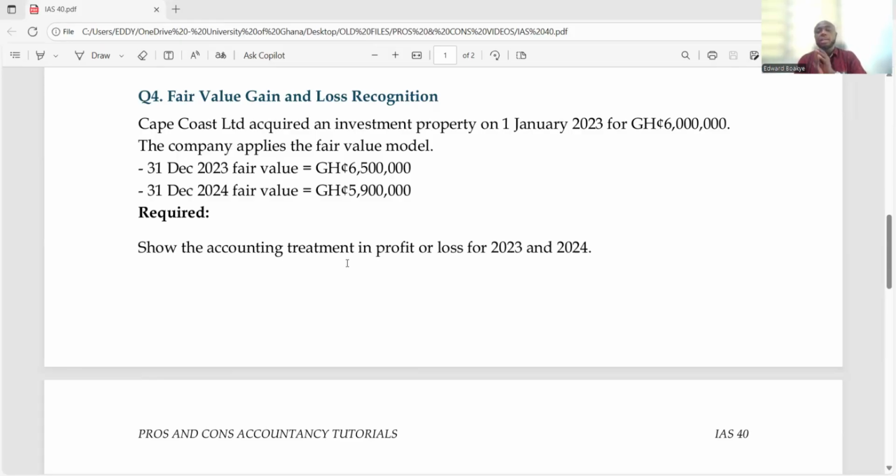You don't have to say that last year it was profit and this year it's a loss, so I have to cancel. No, just take it there. The effect should go to the retained earnings, because the profit or loss that you get at the end of the year goes to the retained earnings. So let's deal with this question.